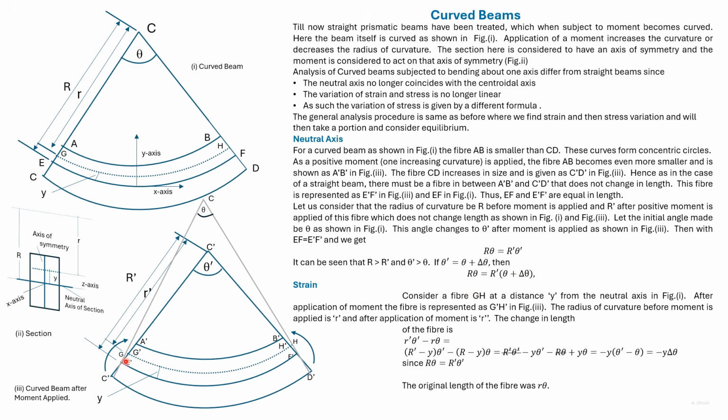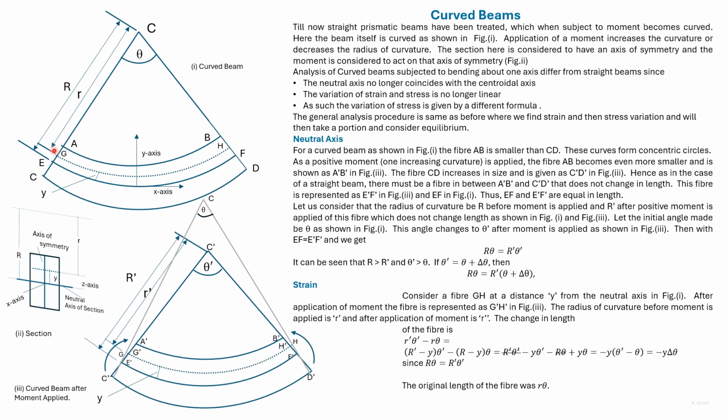Let us now consider strain of a fiber that is at a distance y from the neutral axis. Initially, the fiber was GH, but after application of the moment, the fiber has become G dash H dash.